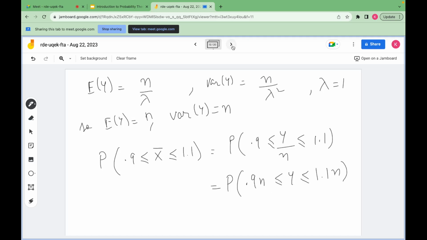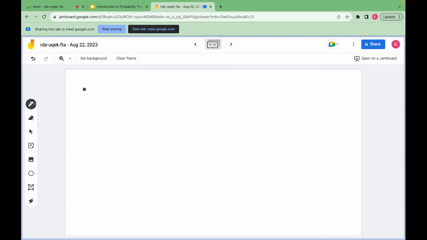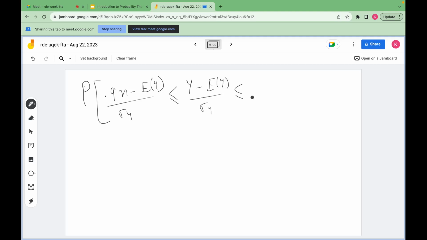Now we know what we want to do. We can write this as the probability that (y minus expectation of y) over sigma y lies between (0.9n minus n) over sigma y and (1.1n minus n) over sigma y.